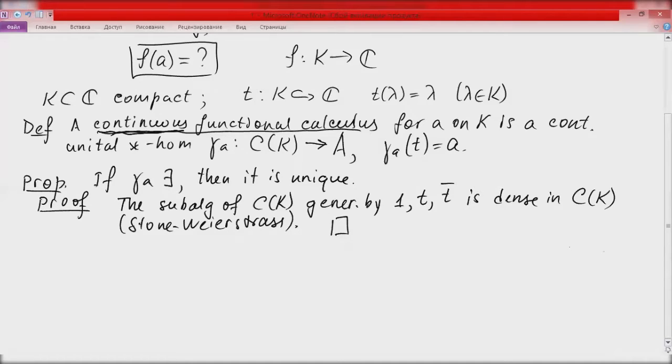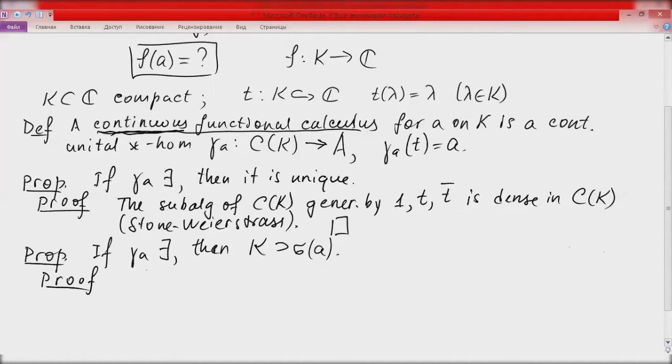A necessary condition for the existence of such a map is given in terms of the spectrum of our element. And here's the necessary condition: if gamma_a exists, then the compact set K contains the spectrum of our element a. And again, the proof is very easy.